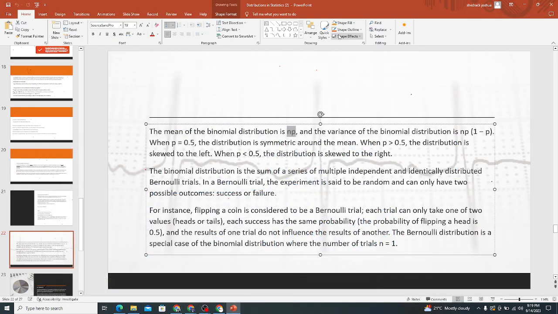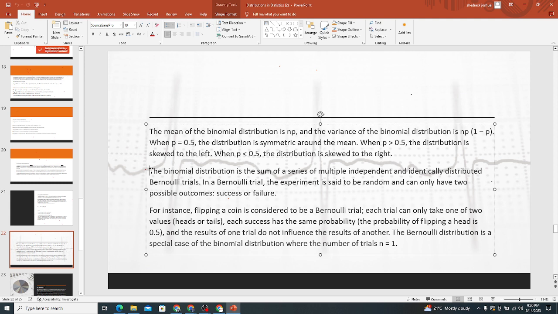When p is 0.5, the distribution is symmetric around the mean. When p is greater than 0.5, the distribution is skewed to the left. When p is less than 0.5, the distribution is skewed to the right.